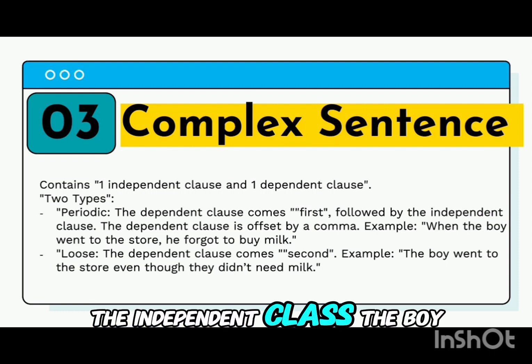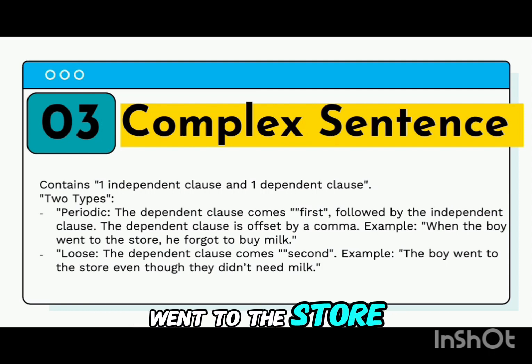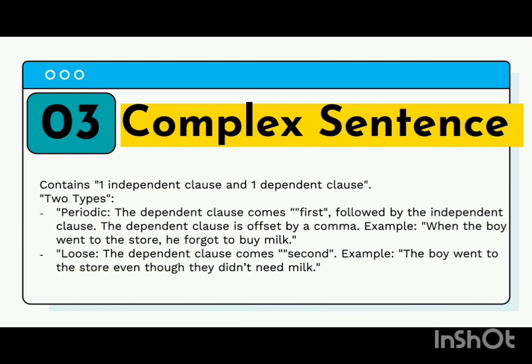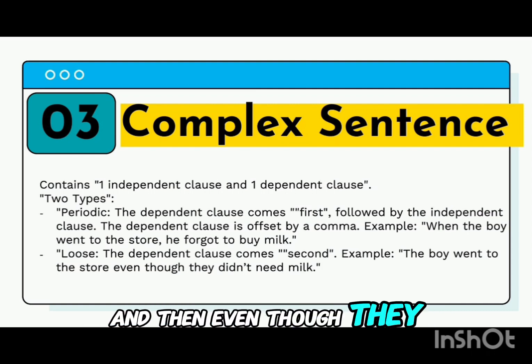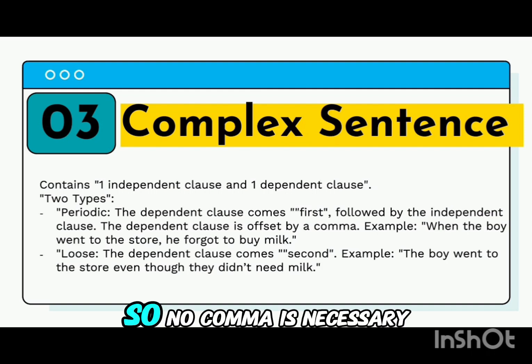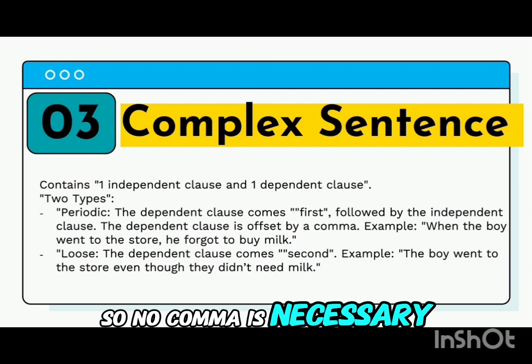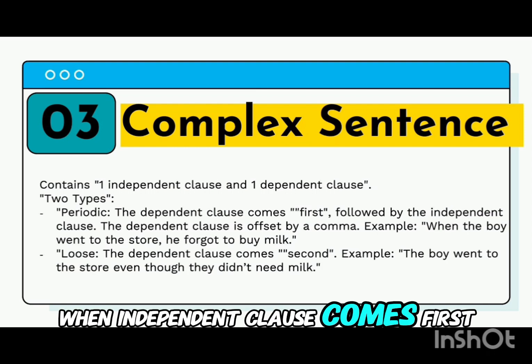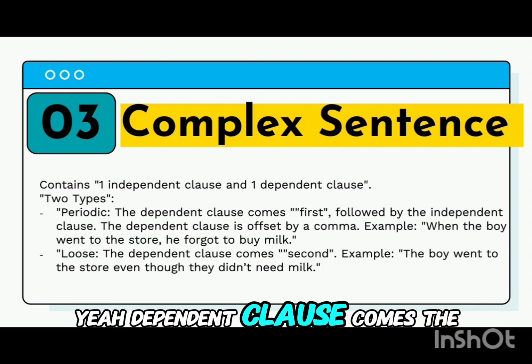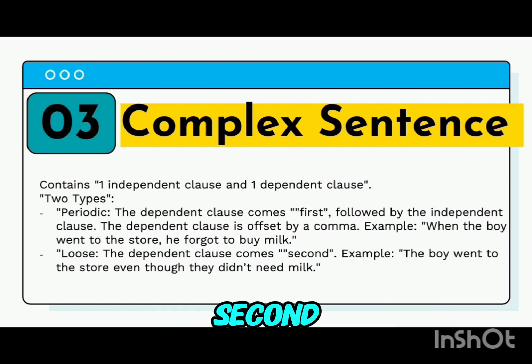The independent clause, the boy went to the store, is followed by the dependent clause, even though they didn't need milk. So no comma is necessary when the dependent clause comes second.